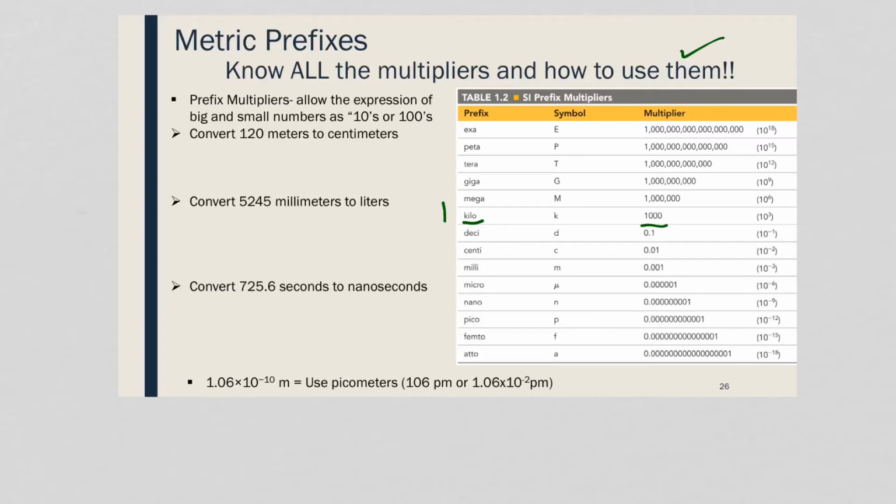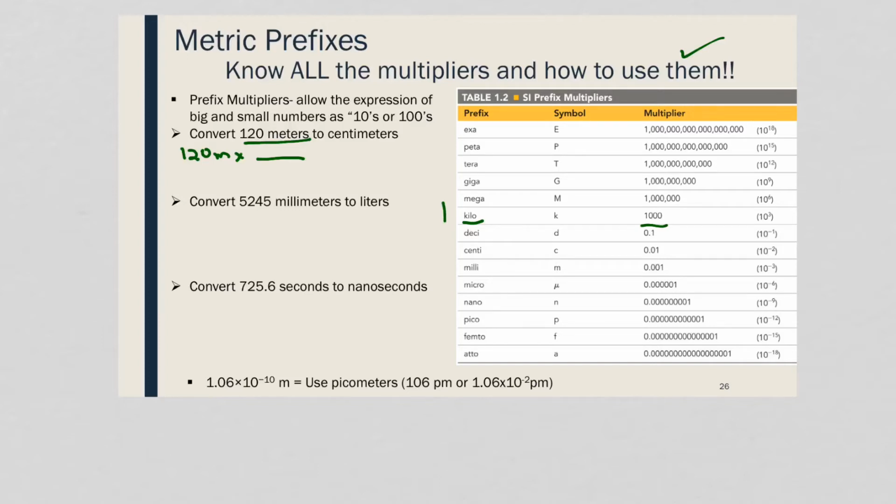The process I'm always going to follow is I'm going to start with the value that I know. So I know that I have 120 meters. And then I'm going to use what we call a conversion factor, or the equality within our prefix system. So I want to go between meters and centimeters.